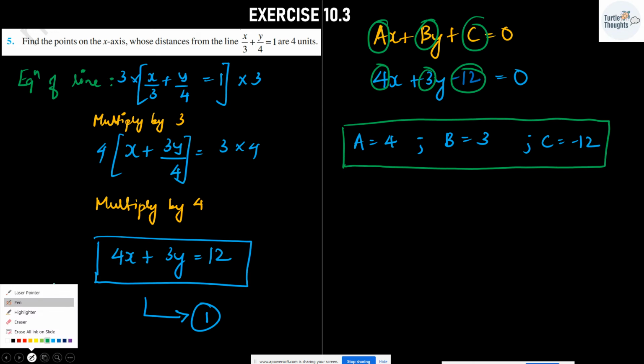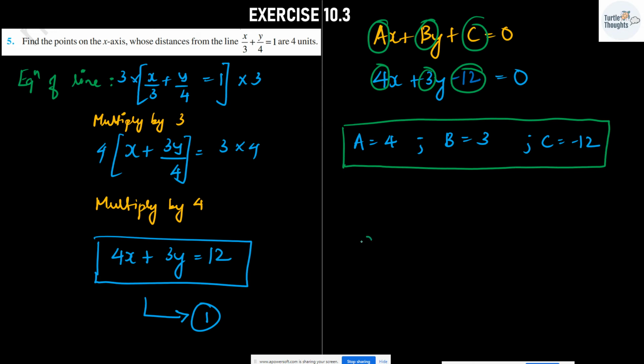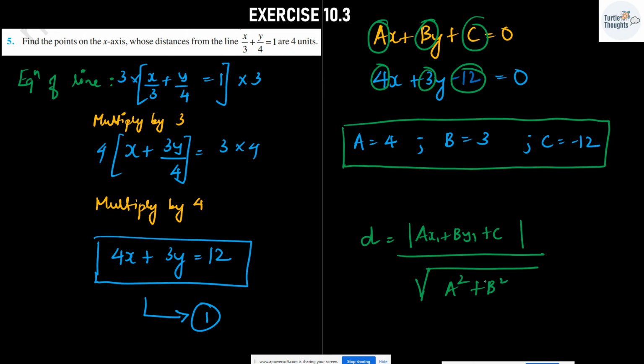Let me write the equation of the perpendicular distance of a point from a line. It is given by the modulus of ax1 plus by1 plus c whole divided by root of a square plus b square. D is given in the question. It is 4 units.